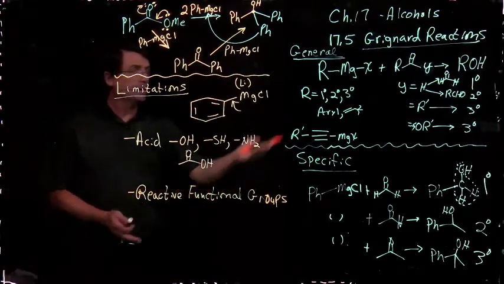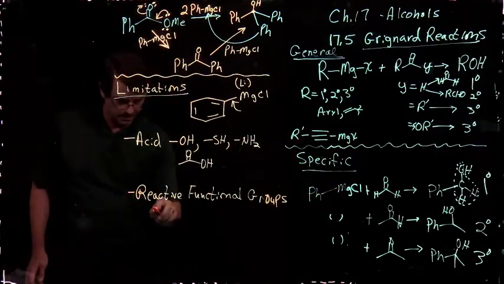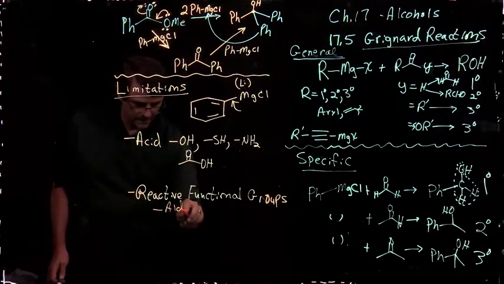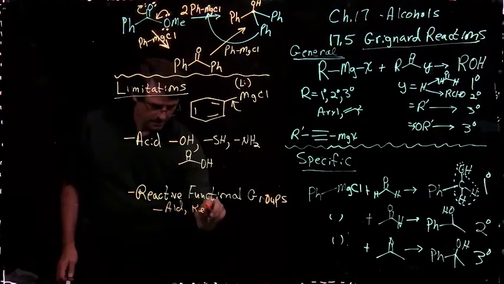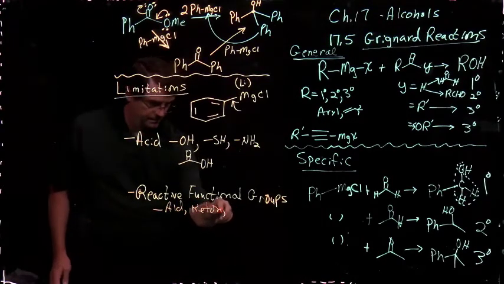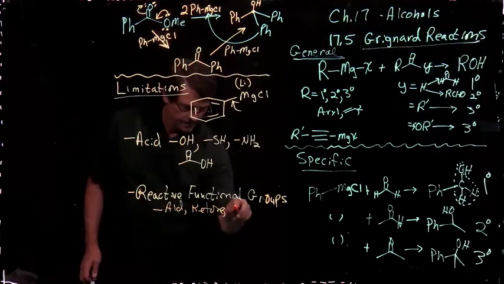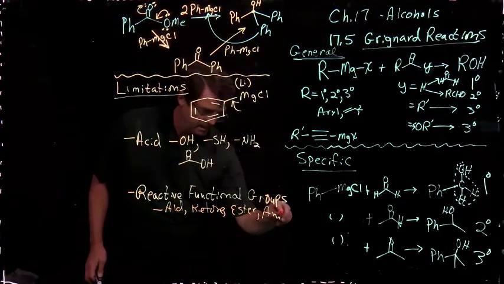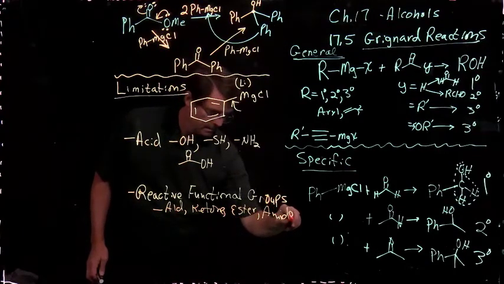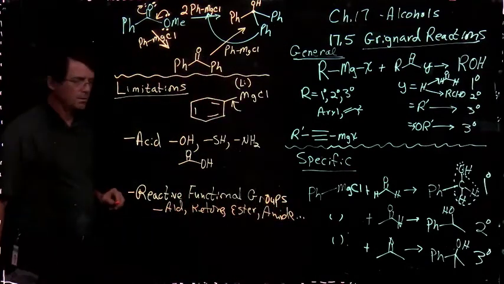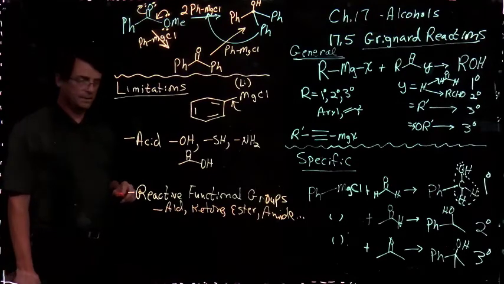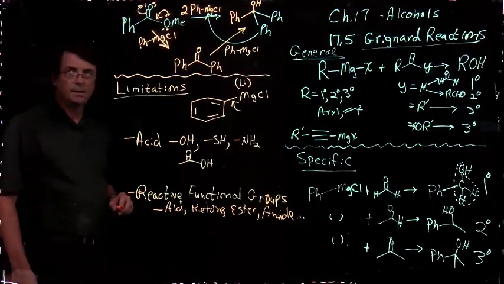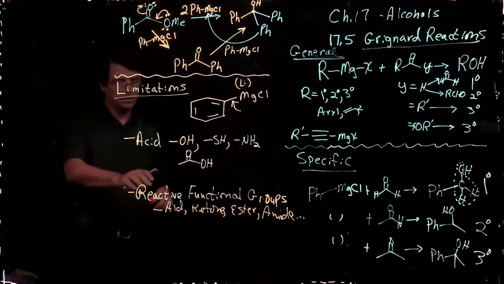So then anything that it reacts with, you can't have another aldehyde, ketone, ester, amide, or any of those carboxylic acid derivatives that will react with carbonyl or Grignard reagents.